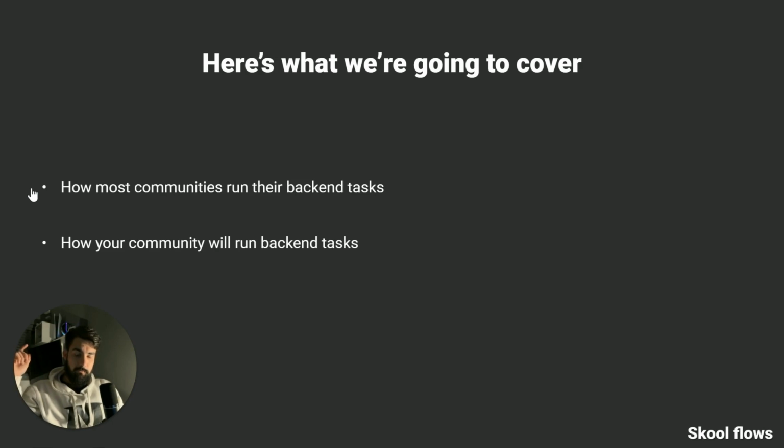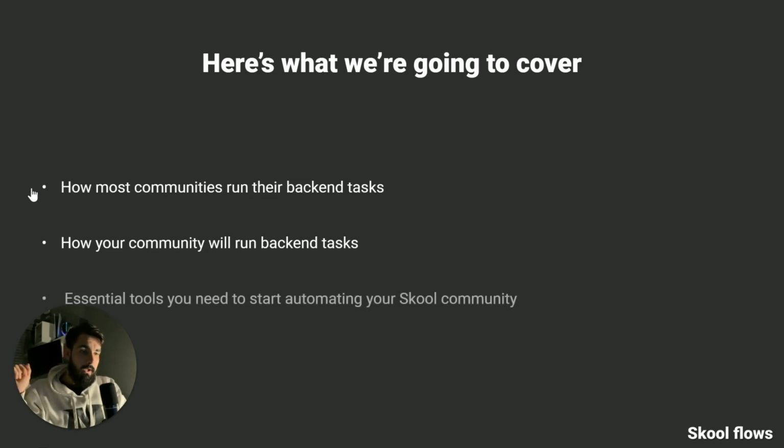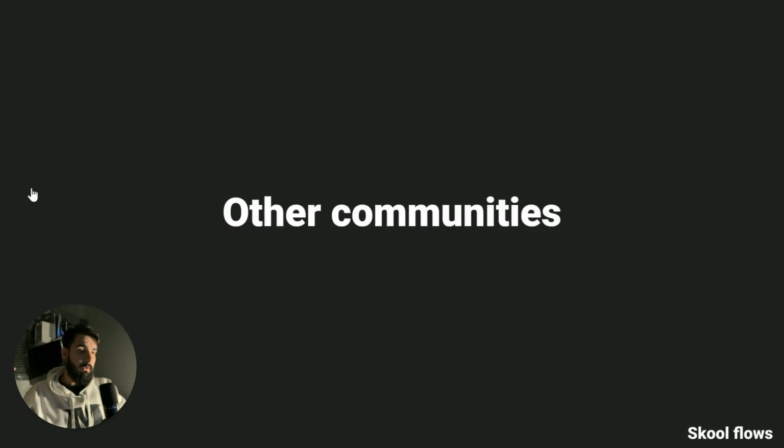So that's the second topic. Next, we're talking about the essential tools you need to start to automate your Skool community. Basically, what do you need to use and how much money you need to pay to automate your own Skool community. So let's get started and go to the first topic, which is how other communities are running their backend.